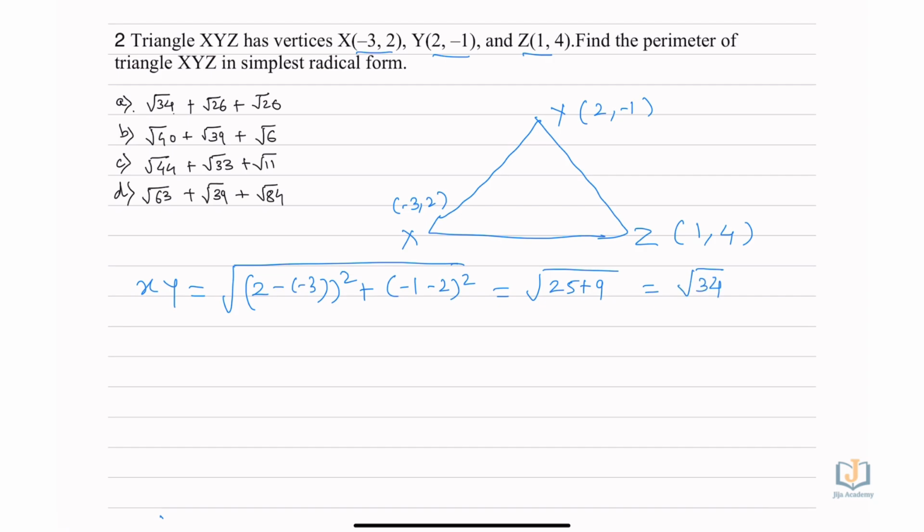Now after XY, YZ is equal to, similarly we find, (1 minus 2) whole square plus (4 plus 1) whole square, is equal to under root 26.